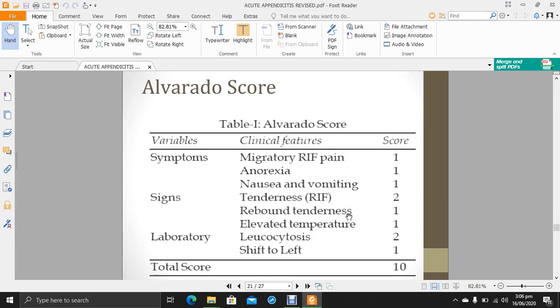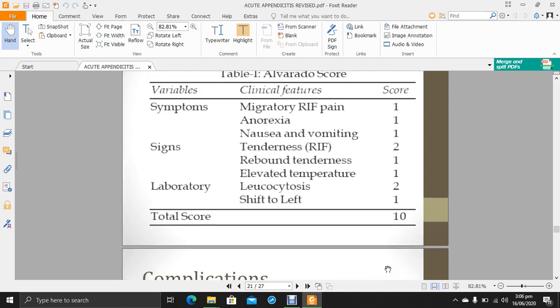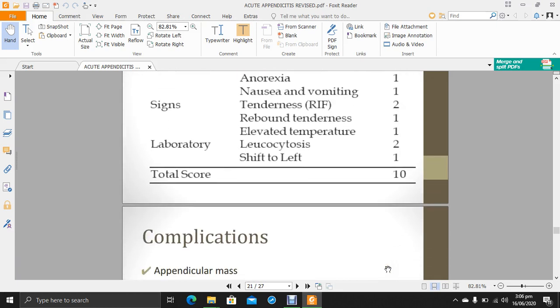Rebound tenderness 1 score. Elevated temperature 1 score. Leukocytosis has 2 score. And shift to the left, especially the polymorphs, 1 score. So the total is 10. If the total score is from 1 up to 4, then this is not likely acute appendicitis.